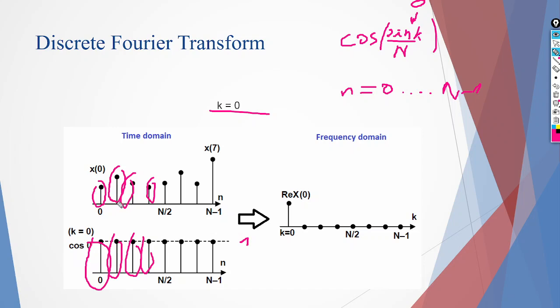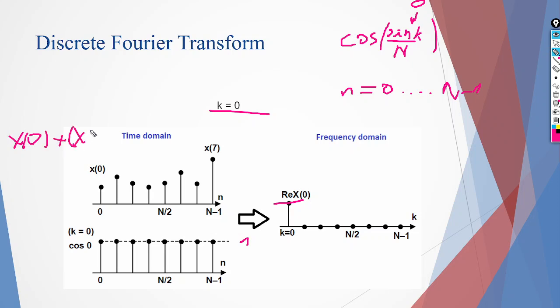Then you add all 8 of them together into one single number and divide by their count. So effectively, what has happened here is you calculated the average of these samples, right? Because x0 plus x1 plus etc. plus x7 divided by 8 is actually the arithmetic average of this number sequence.